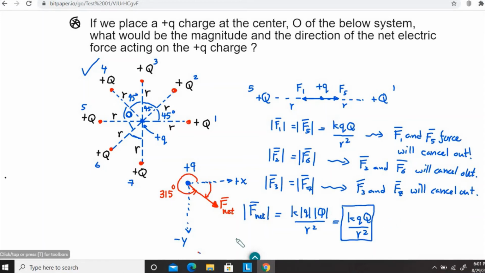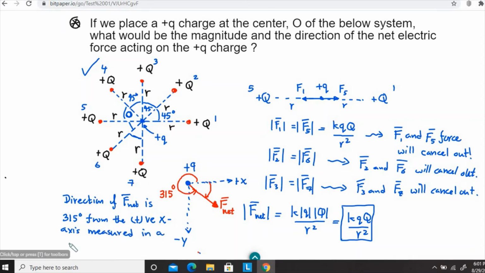Its direction, as you can see, it's 315 degrees. So direction of F net is 315 degrees from the positive x-axis measured in a counterclockwise direction.